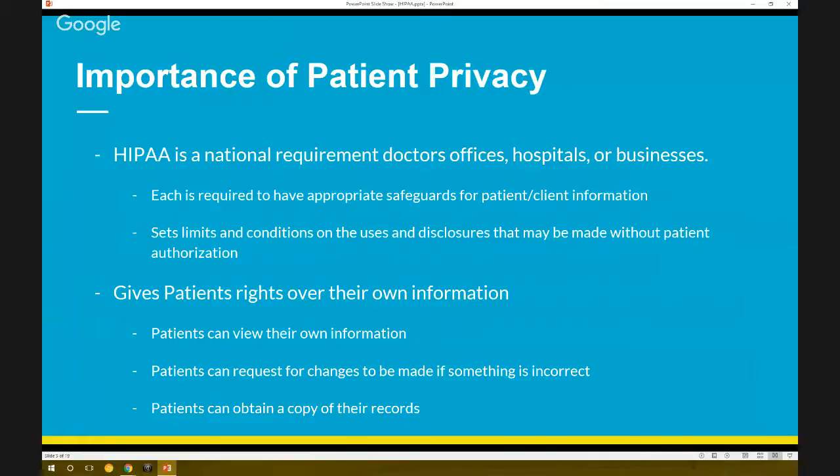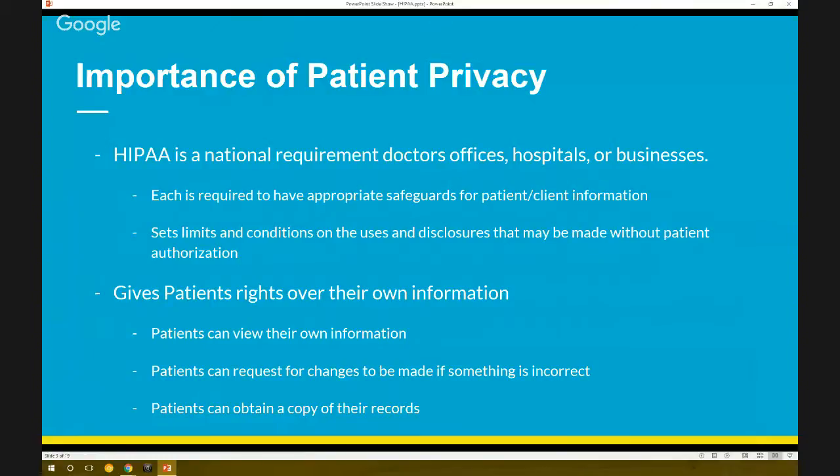It sets limits and conditions on the uses and disclosures that may be made without patient authorization. It also gives patients the right over their own information, which means that patients can view their own information, they can request for changes to be made if something is incorrect, and patients can obtain a copy of their records.